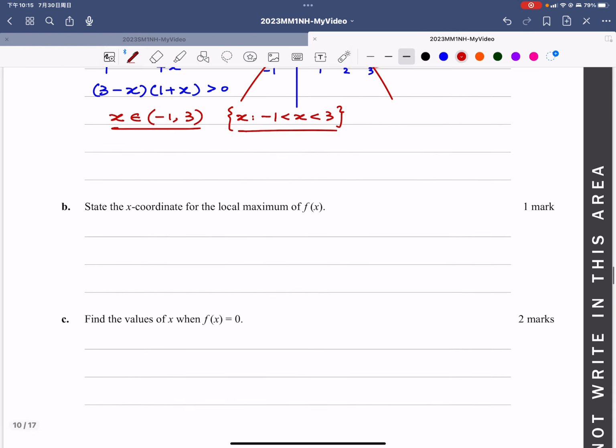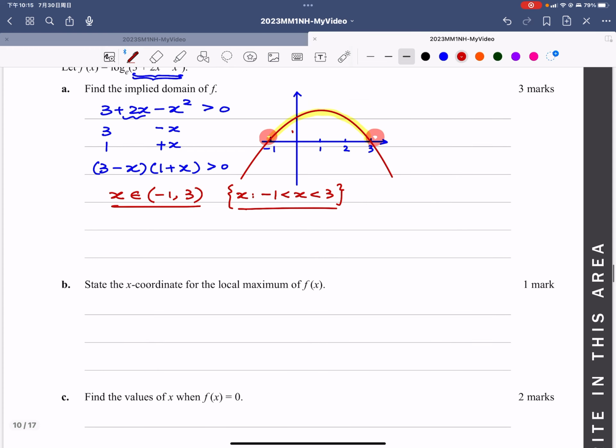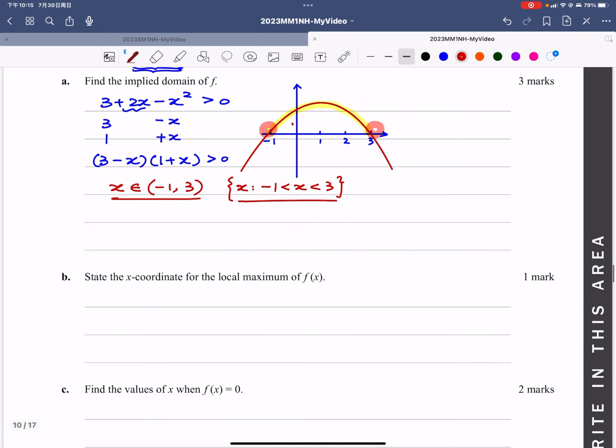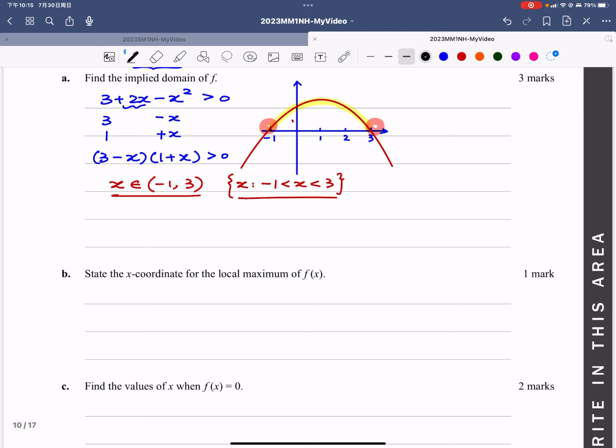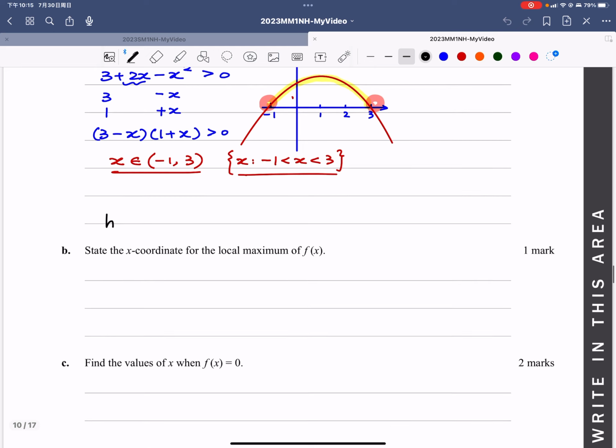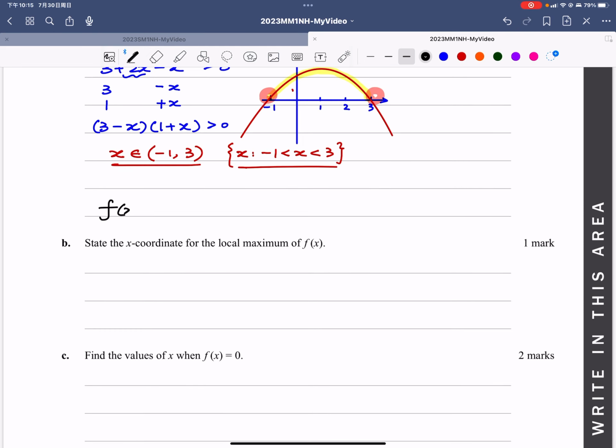And state the coordinate for the local maximum of f of x. It tells you it's a local maximum of that function. So I think f of x equals log e of 3 plus 2x take away x squared.